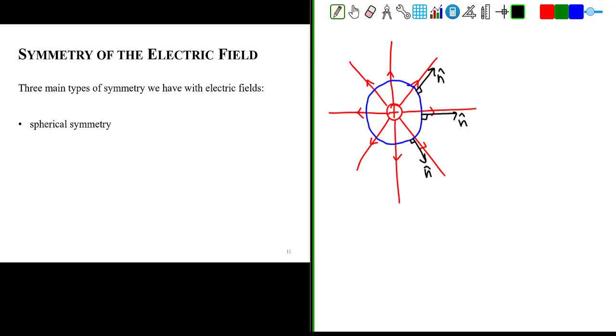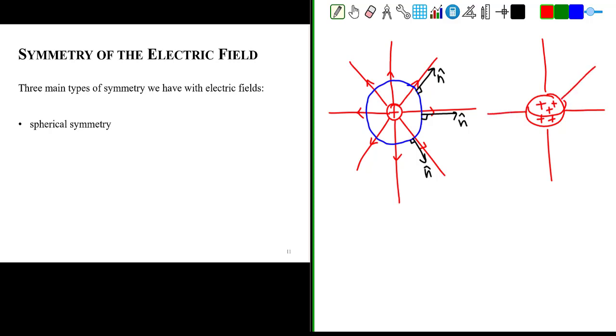So this point charge is a charge distribution that has spherical symmetry because it looks the same no matter where you are on the sphere. And this spherical symmetry is true for point charges. It's also true for spheres of charge.